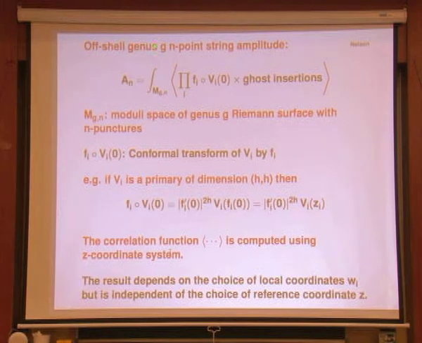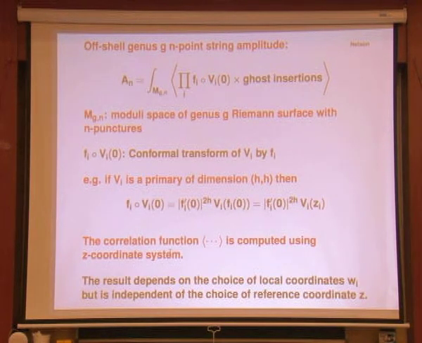And in terms of this, we define the off-shell genus g, n-point amplitude. First of all, it involves an integral over the moduli space of genus g Riemann surfaces with n punctures, and then it involves a correlation function. In this correlation function, you take any vertex operator. Now, these vertex operators are completely off-shell.